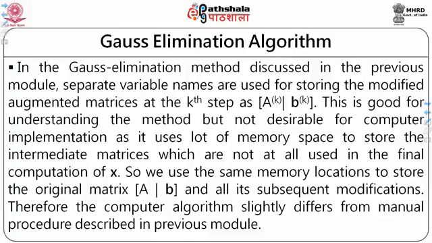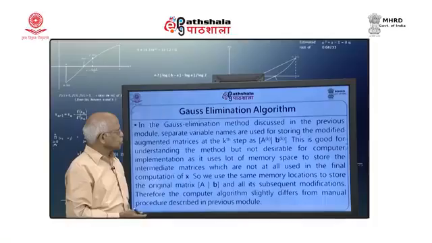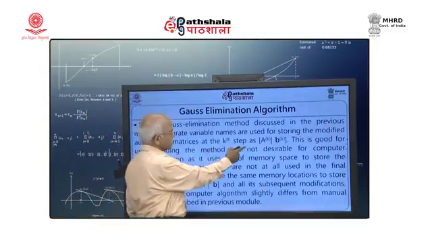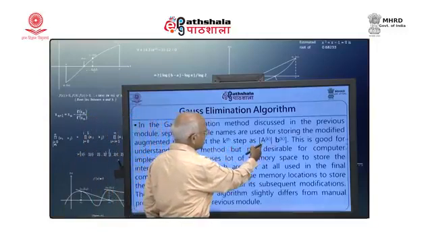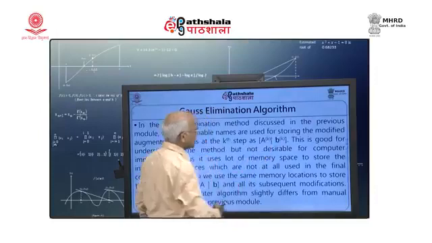So, let us recall that in the Gauss elimination method discussed in the previous module, separate variable names were used for storing the modified matrices at the kth step. You know that the Gauss elimination method was in n minus 1 steps. In each step we modify the coefficient matrix A. After the kth step, whatever augmented matrix we get, A_k, b_k is the notation that we use.